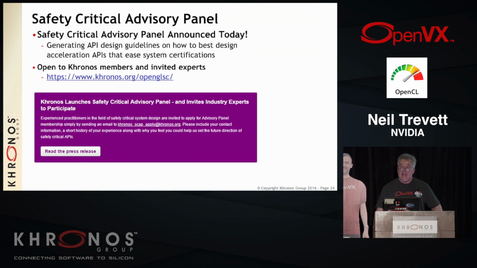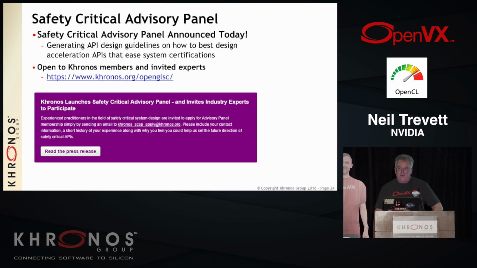In fact, today we made an announcement, the Safety Critical Advisory Panel, because there are common design principles. We'll end up with a family of safety critical versions of all our APIs, but the design principles behind the safety criticality are common between these APIs.